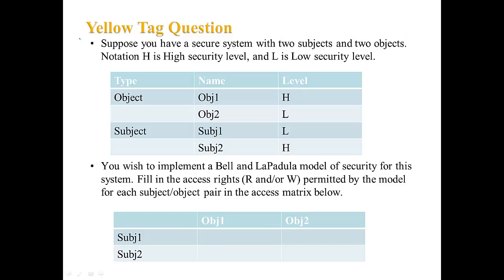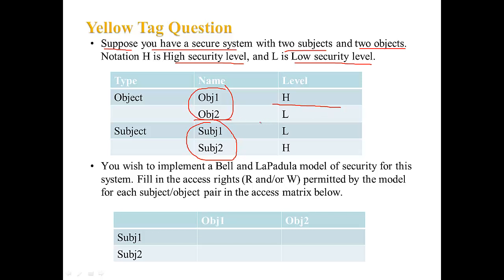We have another practice problem here. In this problem, we suppose that you have a security system with two subjects and two objects, and H means high security level, L means low security level. This table shows these two objects and two subjects. Object 1 has high security level.